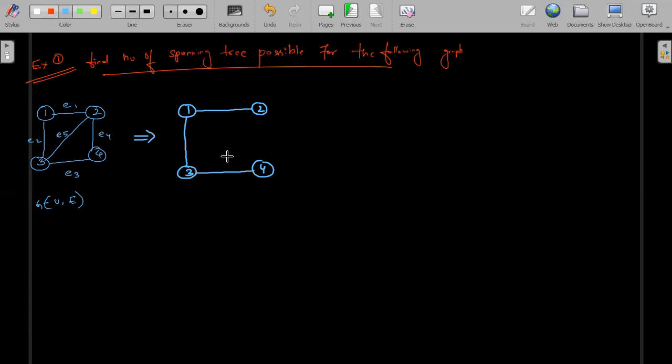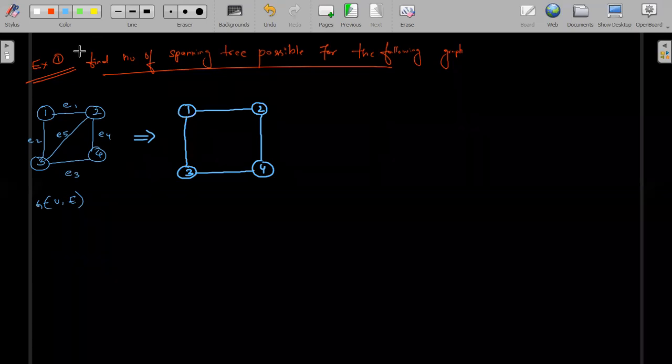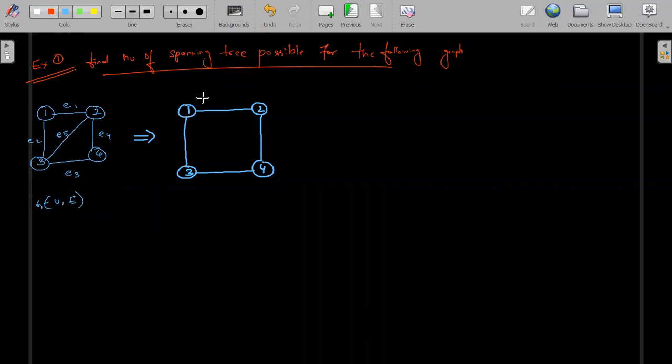Suppose I connect this one too. Then there are extra edges, and basically it's a cycle now. Cycle should not be there, so I will remove the cycle. See here, I removed the cycle. Now it is connected also.